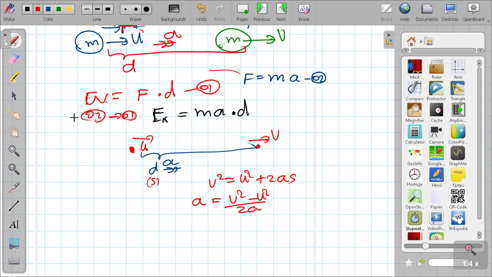Now, if the initial velocity is equal to 0, you can cancel this off.